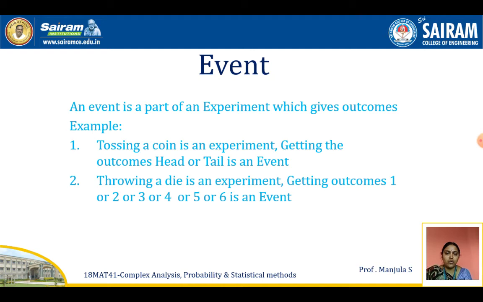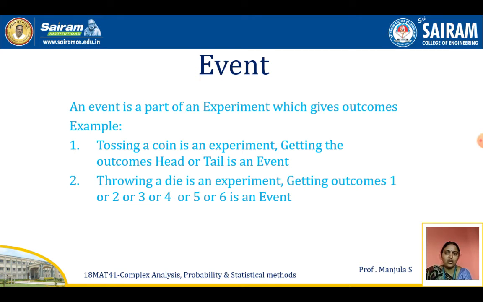If you toss a coin, there are two chances: it may be a head or it may be a tail. Suppose my wish is getting the head. If I get the head, my event has happened. If instead of head we got tail, the event has not happened, I was not successful in getting that event.